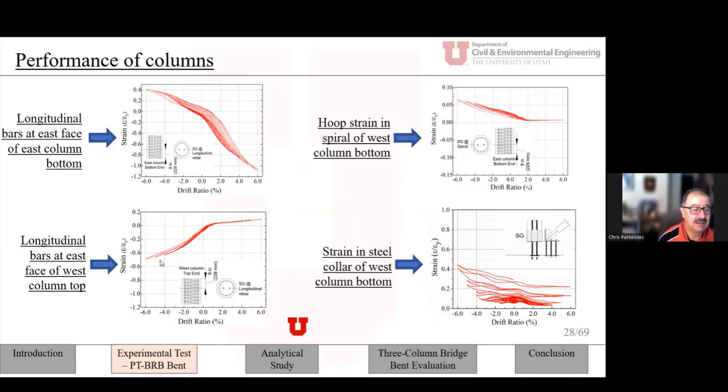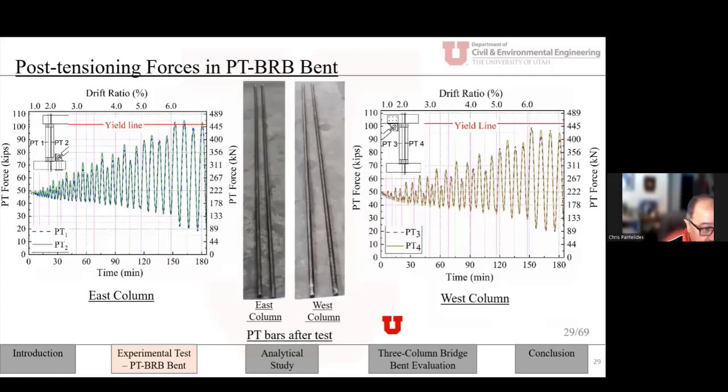And you can see the condition of the bars, the 2 bars in the east column and the 2 bars in the west column. Actually, the west column came close to yielding, but never yielded. Only the east column yielded. There is some variation with the application of additional drift.